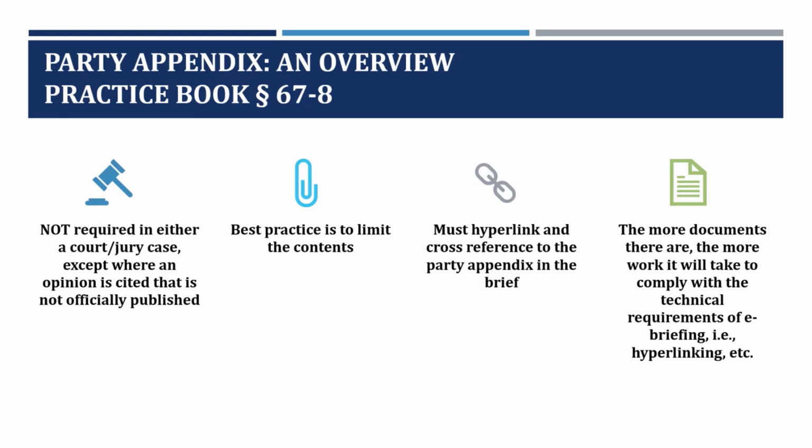Okay. Again, you don't want to overload the appendix, or require more hyperlinking. It's going to have a large file size. One thing to remember is that with your PDF software, you can frequently optimize the file size of your combined PDF of your brief and party appendix.